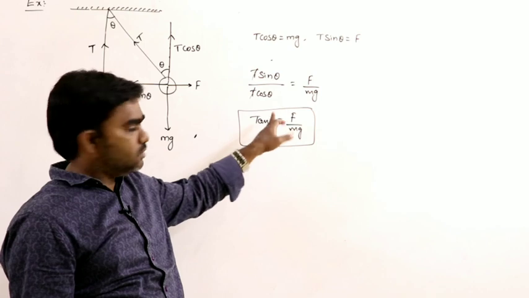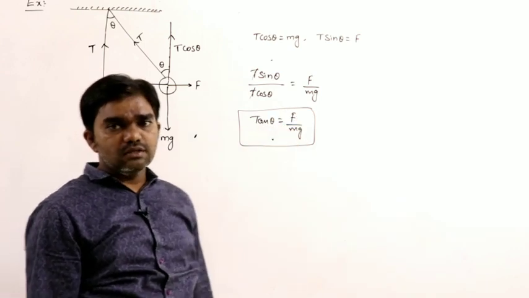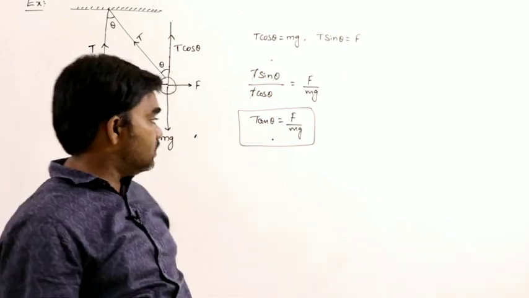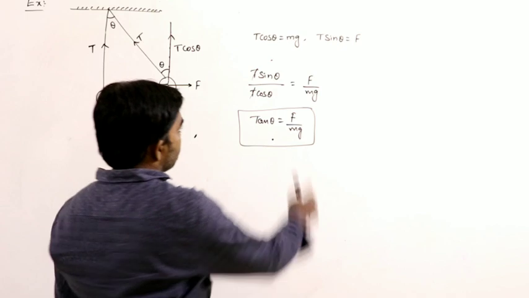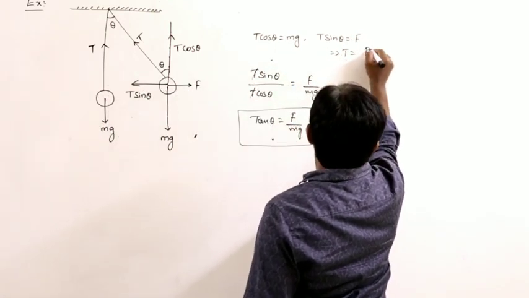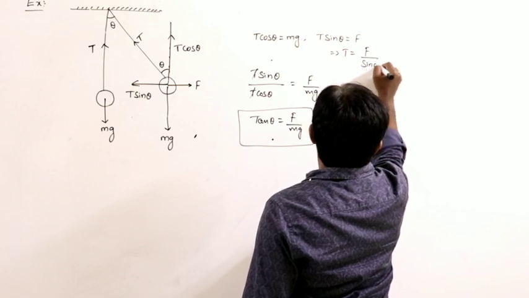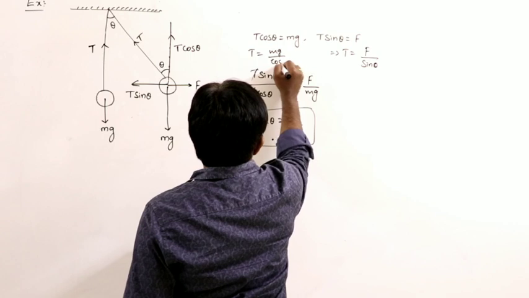These are the variables: theta, f, m. G is constant at a given place. What is the value of g? 9.8 or 10. How can you calculate tension? Tension can be written as f by sin theta, or as mg by cos theta.